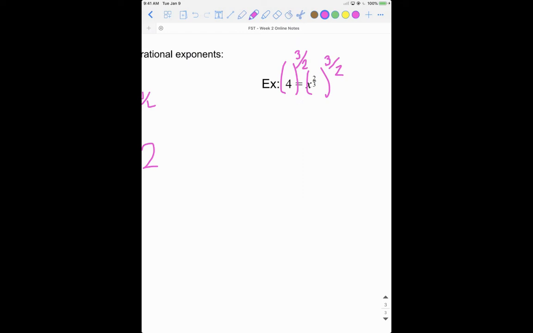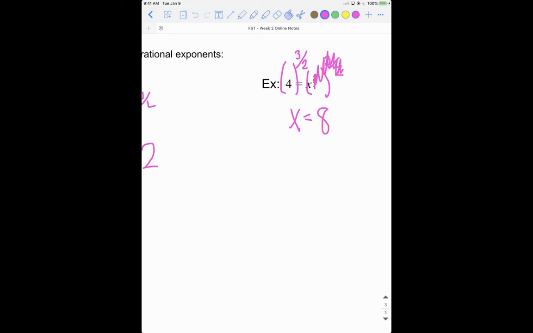Let's say we go to our calculator and we go 4 to the 3 divided by 2. You get that x has to equal 8, right? The reason we flip this exponent fraction is so that they cancel out and we're just left with x.